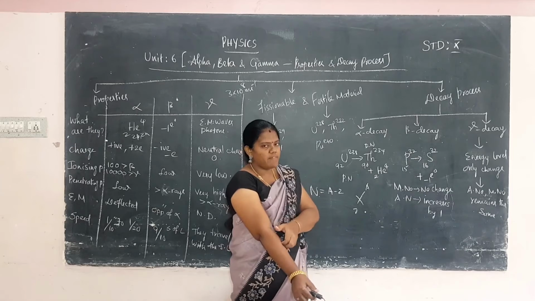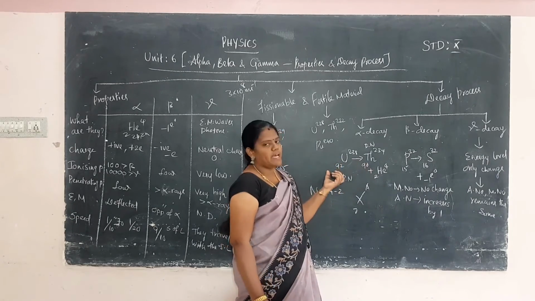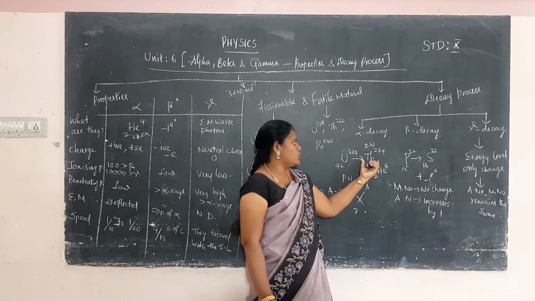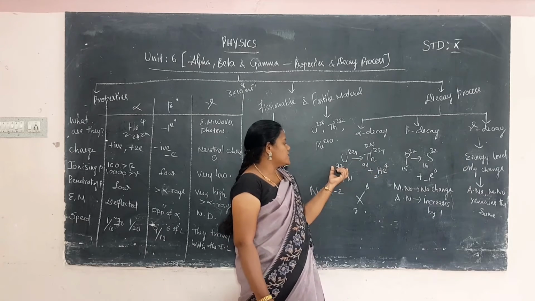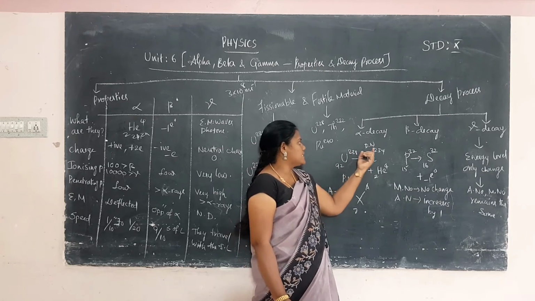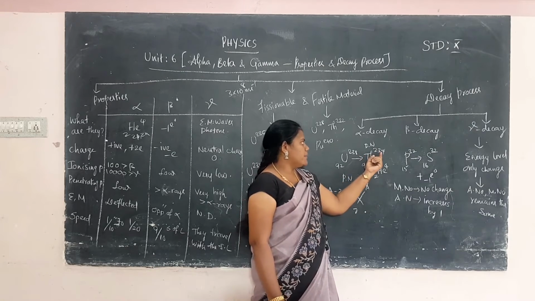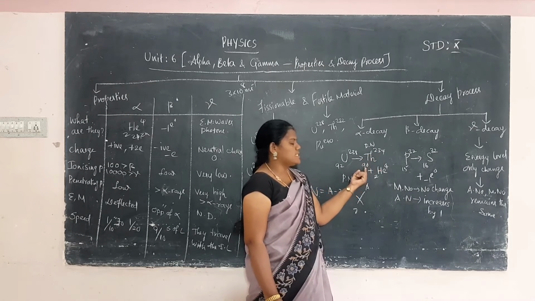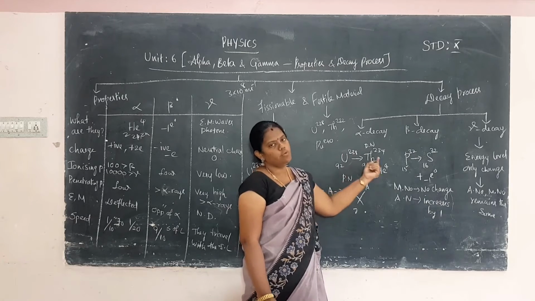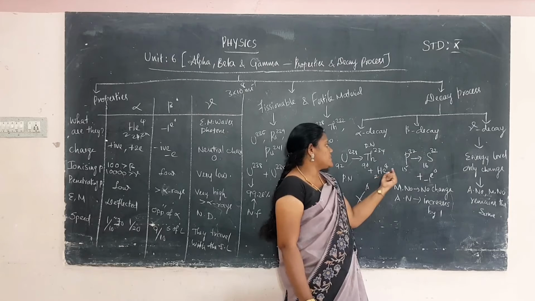In the alpha decay process, this is the parent nucleus and this is the daughter nucleus. Compared to the parent nucleus, the atomic number of the daughter decreases by 2 and the mass number decreases by 4 to form the new radioactive element, because helium's atomic number is 2 and mass number is 4.